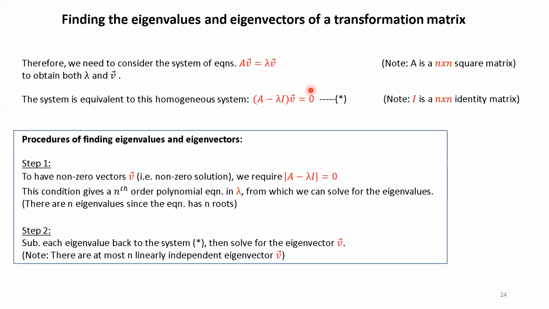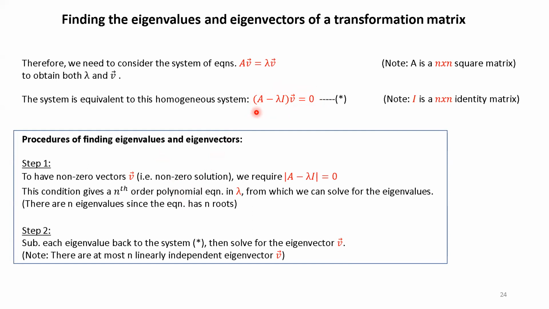Now here are the key steps, so listen carefully. I have this homogeneous system. We know that homogeneous systems always have a solution, either just one solution or infinitely many solutions.